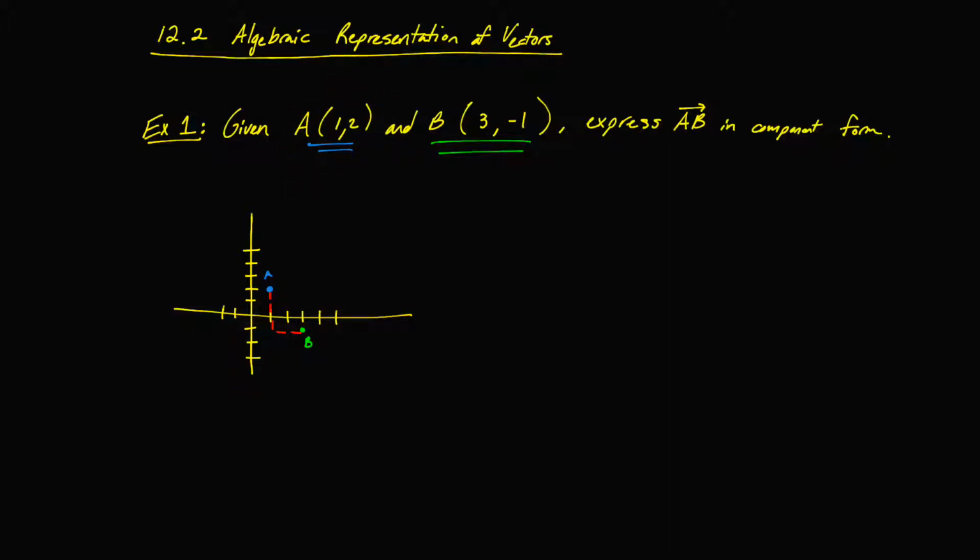So the way we write that is simply by saying we have vector AB, and that's going to be equal to the second x minus the first x, comma, the second y minus the first y. If we put that into practice here, we have the second x, which is 3 minus 1, comma, the second y, which is negative 1 minus 2. We get 2, negative 3.